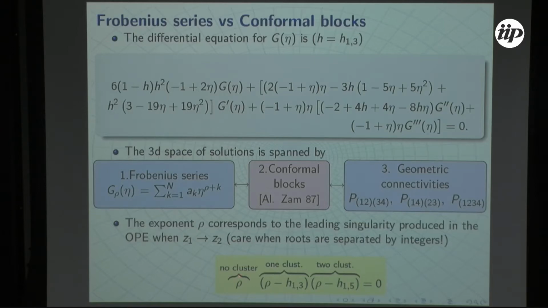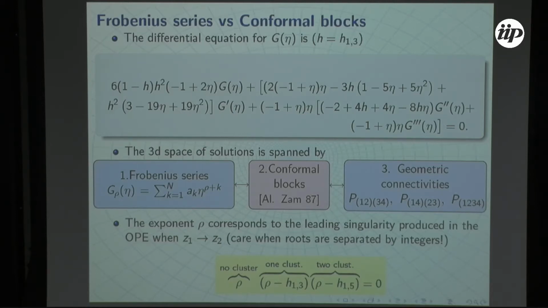Okay, so the blocks, the solutions of the linear differential equation, are parameterized by a rational number rho, which is the solution of the indicial equation. As you see, this rho can have 3 values: 0, h13, and h15.